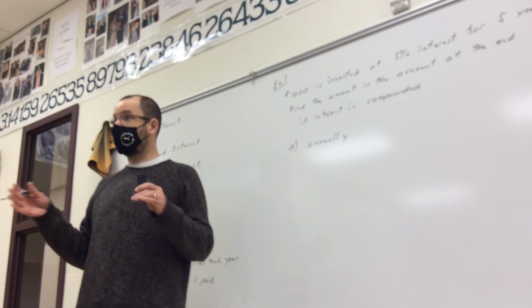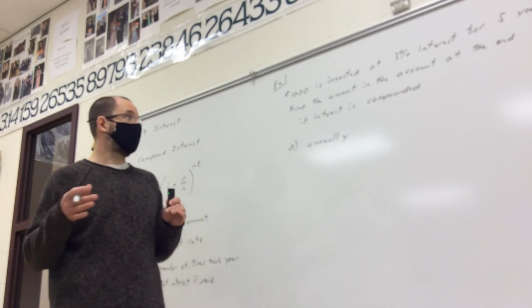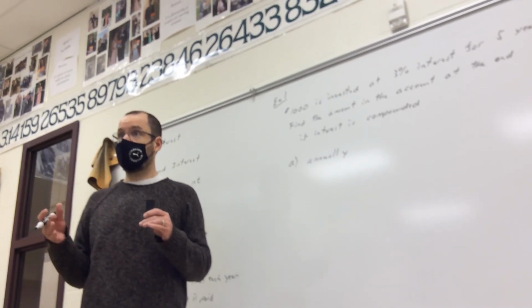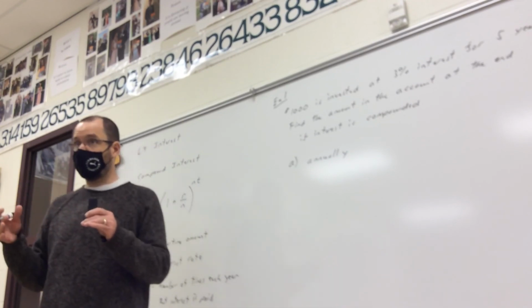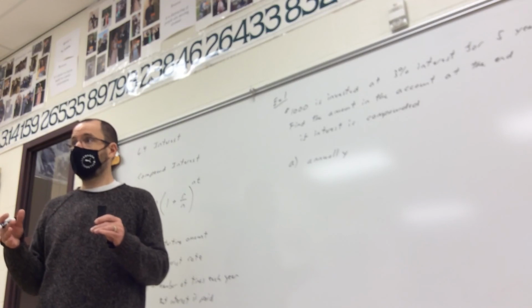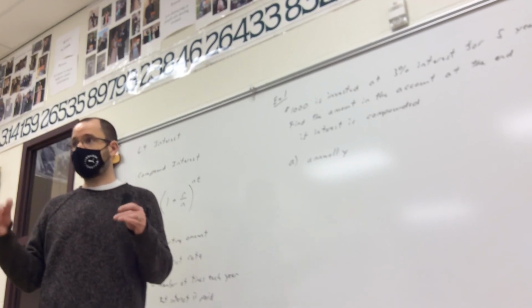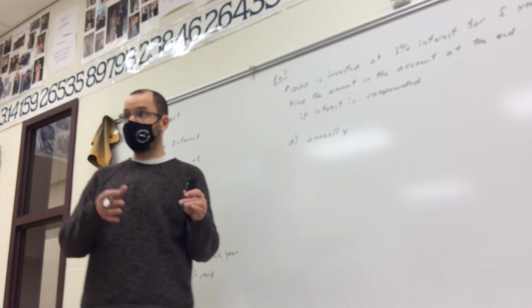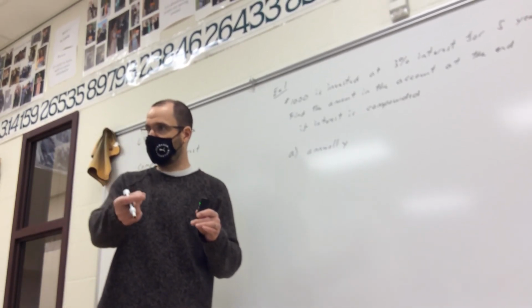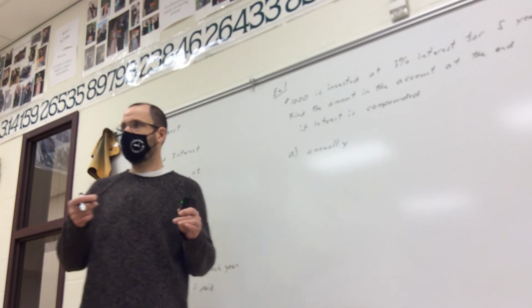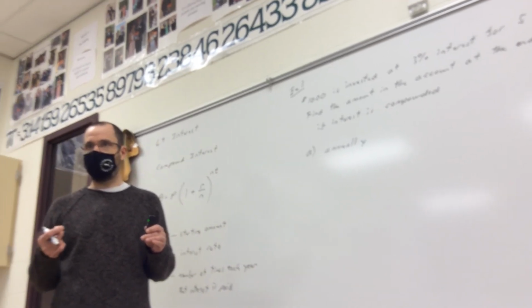So for the whole first year, you just have $1,000 in the account. But then for the second year, you have slightly more than 1,000. And so you're earning interest on that slightly more amount during year 2. And then after year 2, they give you another little bit. So then for year 3, you'd have even a little bit more in there.